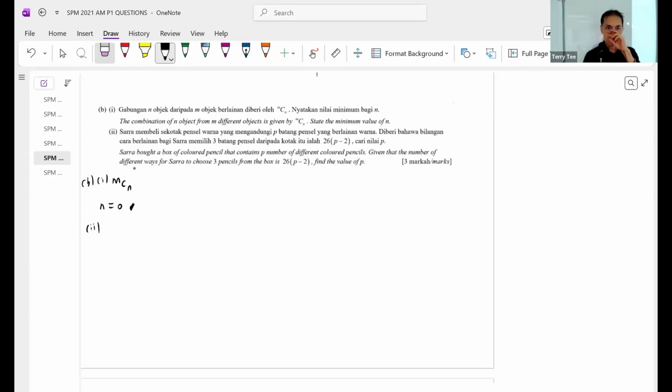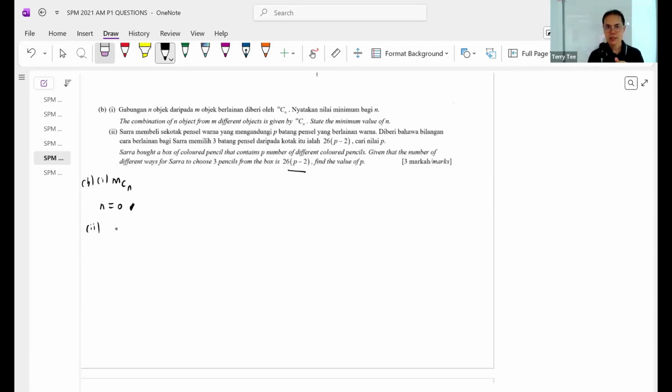Now, Sarah bought a box of colored pencils containing p number of different colored pencils. Given that the number of different ways for Sarah to choose 3 pencils from the box is 26(p minus 2), find the value of p. So what's the formula?